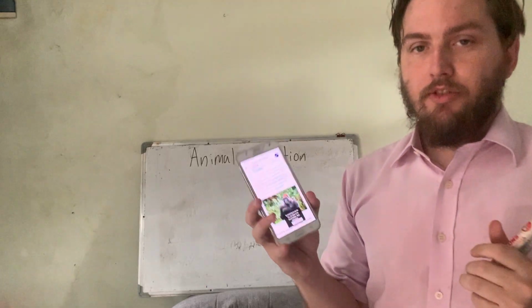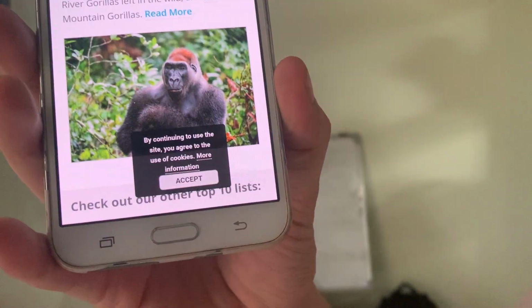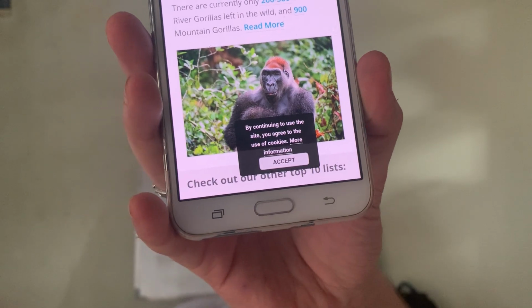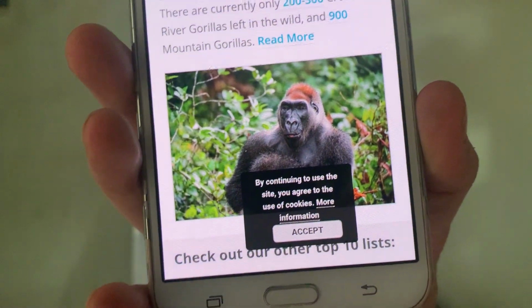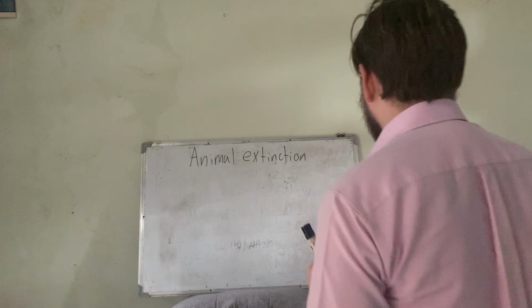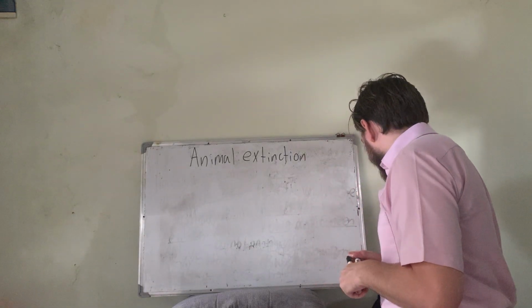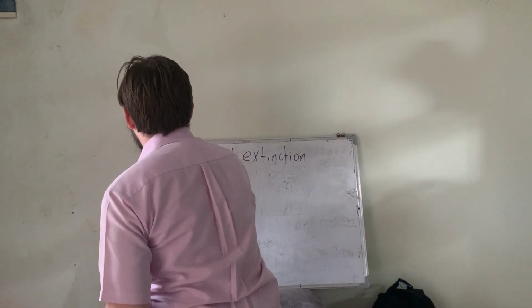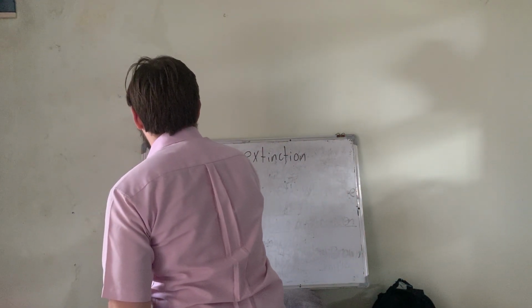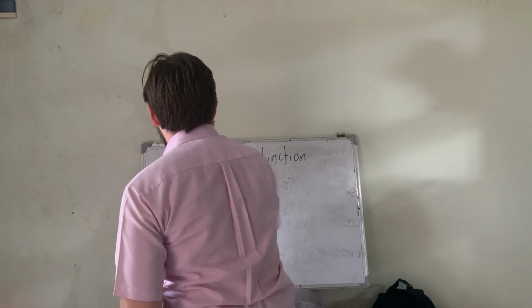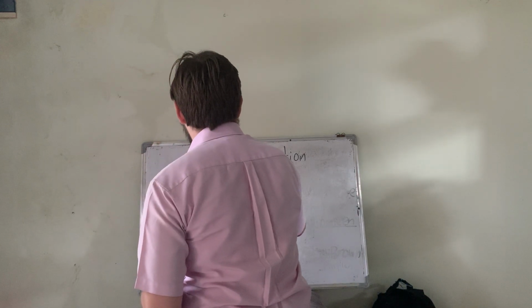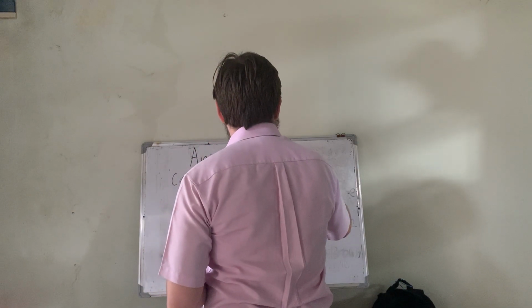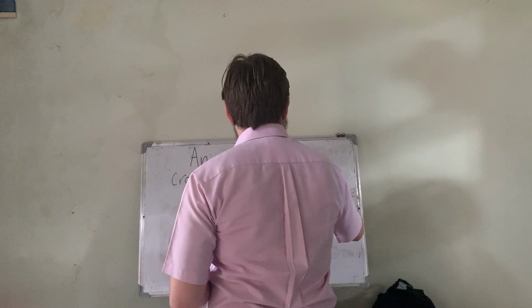So here's one. It's a gorilla. It's called the Cross River gorilla. Can you see that? There's only a few left, around 200 to 300.